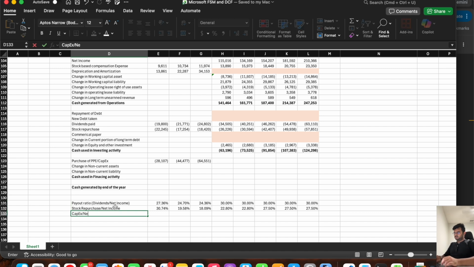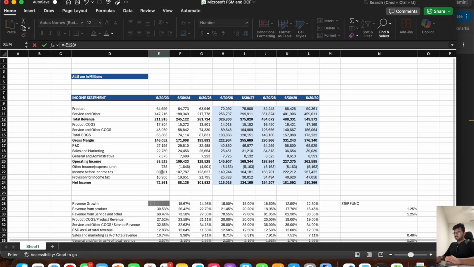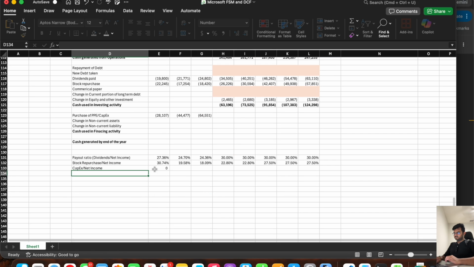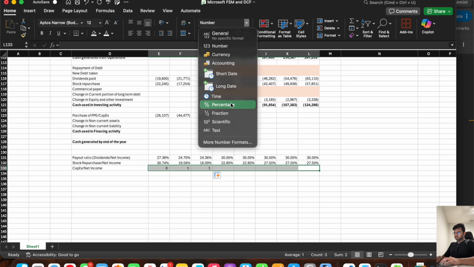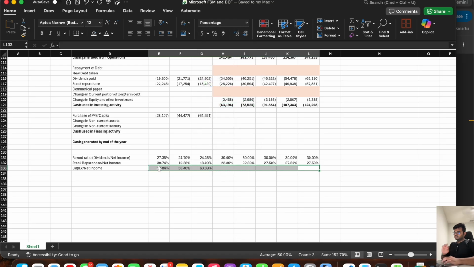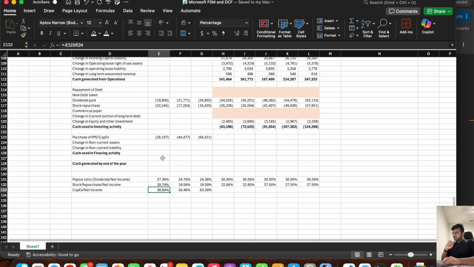So what I'm going to do is capex by net income, and I would see how much historically we spent. This number I want in the percentage. So in 2023, they spent 38% of net income in capex. Next year it is 50%, and in the most recent year it's 63%.